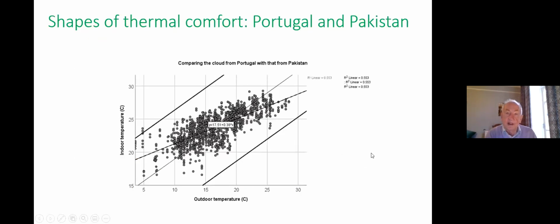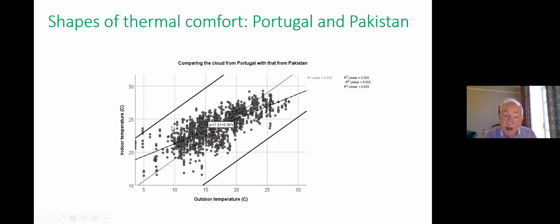And just as an interesting thing, this is a picture which shows the 2 lines here. These are the extent of the cloud of Pakistan that we've been looking at. What I've done is I've put in the points for Portugal. If you remember, Portugal was varying as if it was naturally ventilated in the same way as the Pakistan.